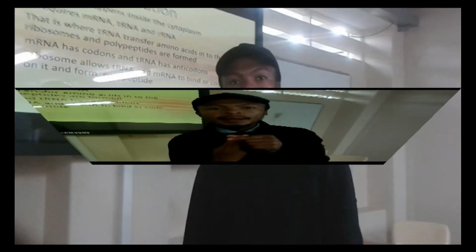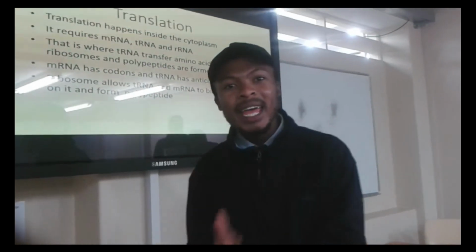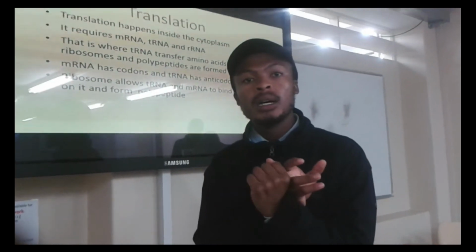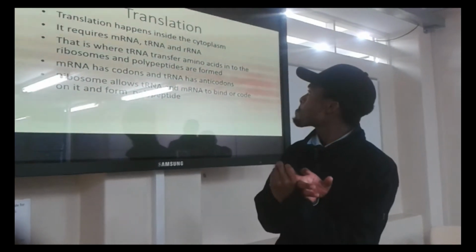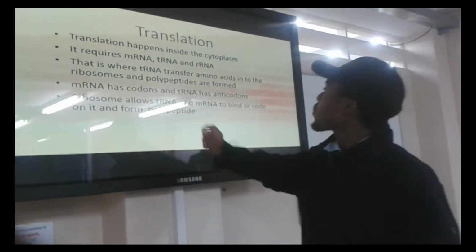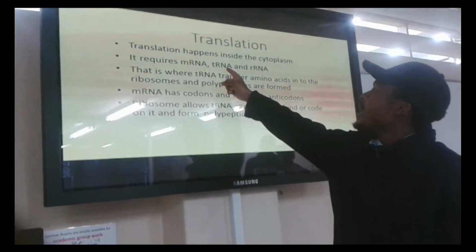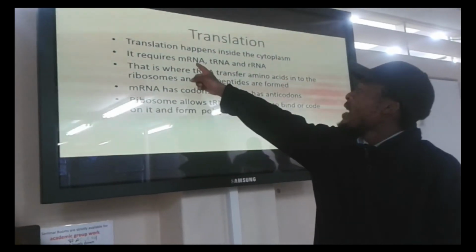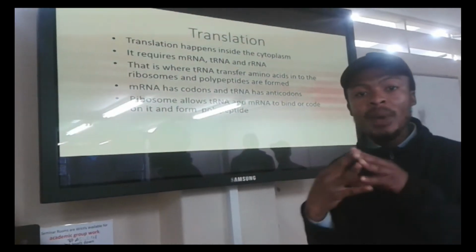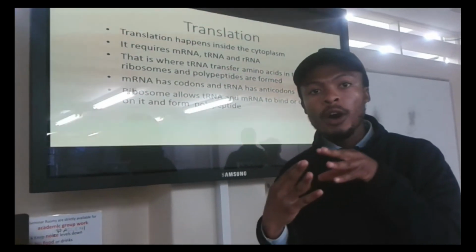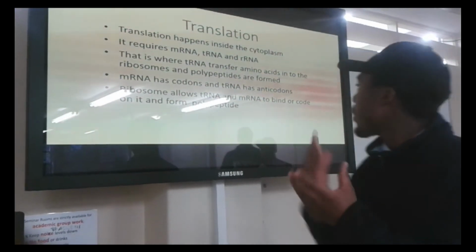So as I was saying, we have tRNA, rRNA, and mRNA. tRNA has anticodons, and mRNA has codons, so they match each other. They actually bind to each other on the ribosomes.